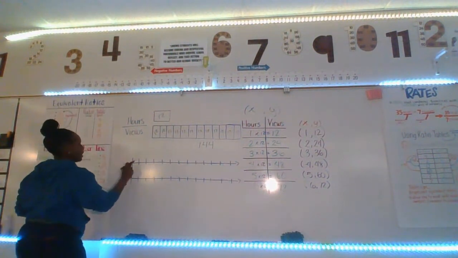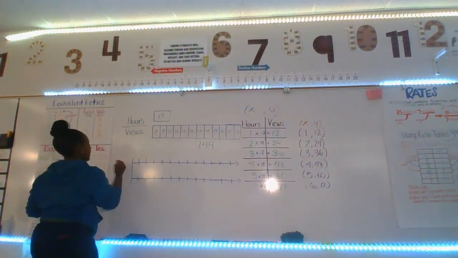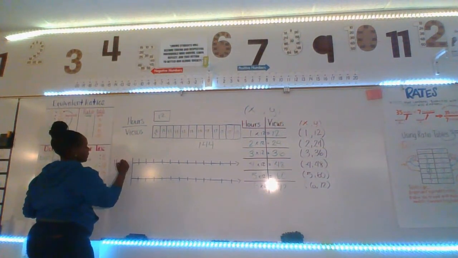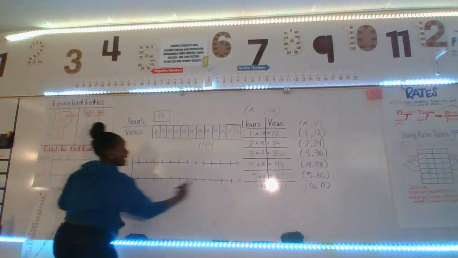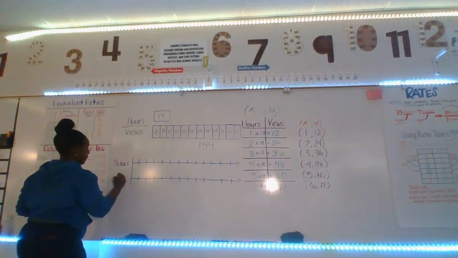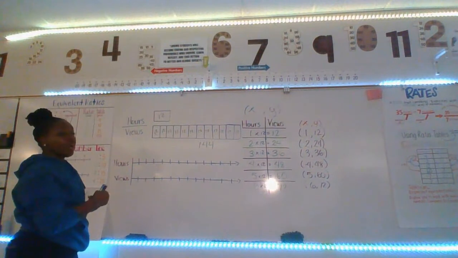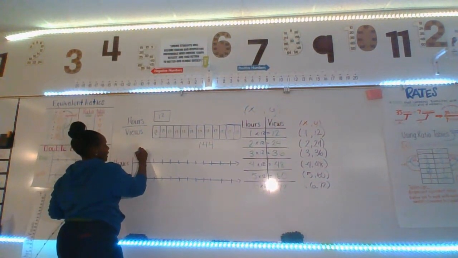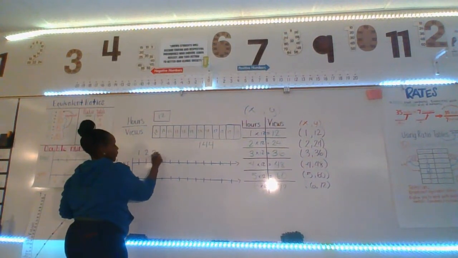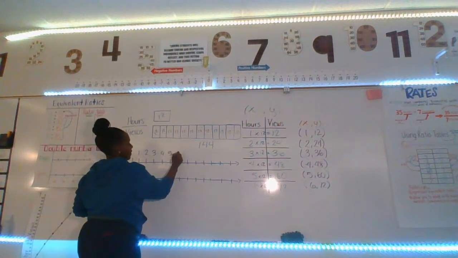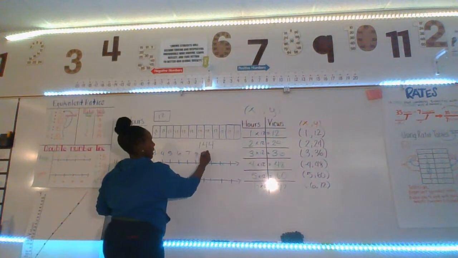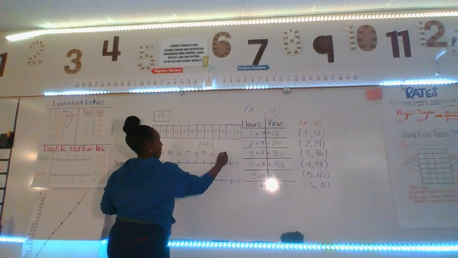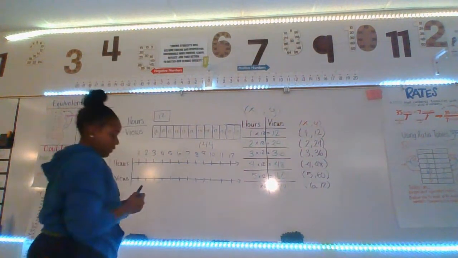On the outside, this first line at the top is representing hours. This second line at the bottom is representing views. So up here, we want to know how much for 12. So we count by ones here. 1, 2, 3, 4, 5, 6, 7, 8, 9, 10, 11, 12, right?